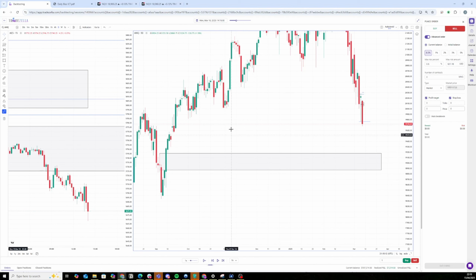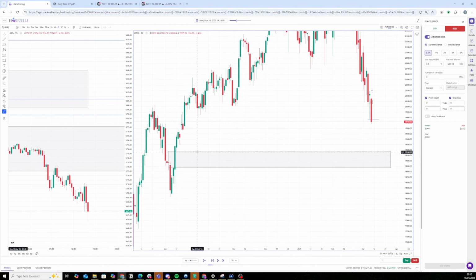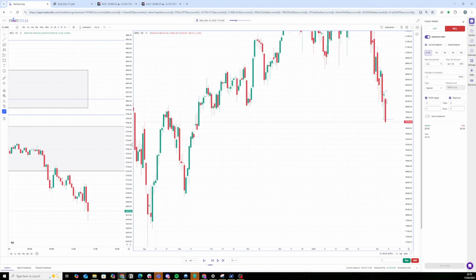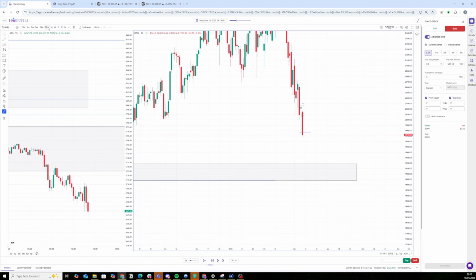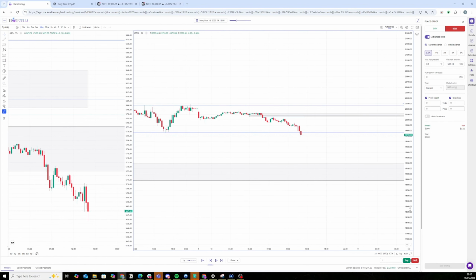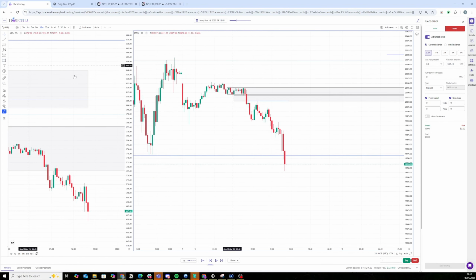Can you point the fair value gaps and order blocks again? Okay. Right. This here to this here is a fair value gap. These wicks don't touch. That's a void. That's an imbalance in price, okay? The order blocks are, let me just show you.